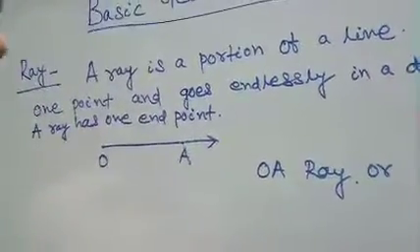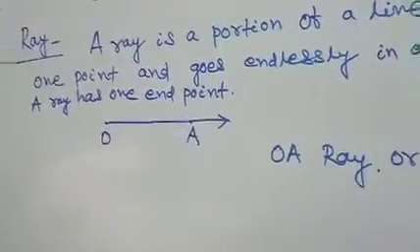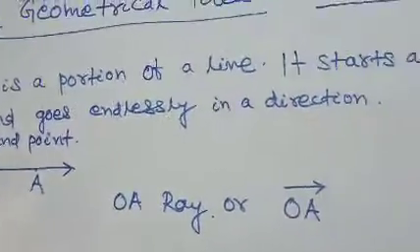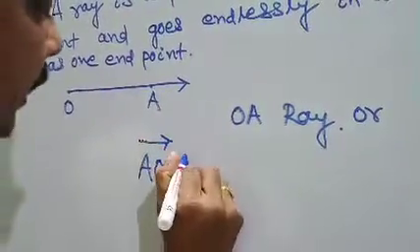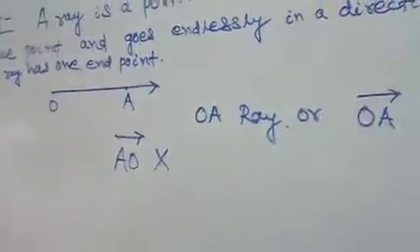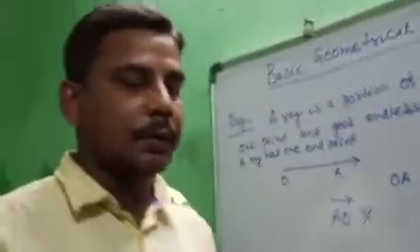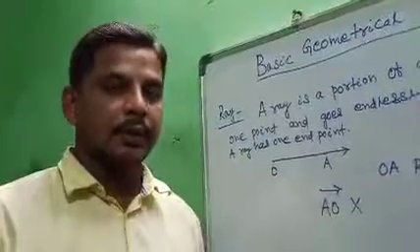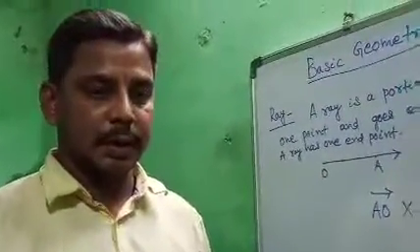It starts from O, so from the starting point you will have to name the ray, not AO. It will be wrong. Example of ray will be sun rays or rays of light from a torch, etc.